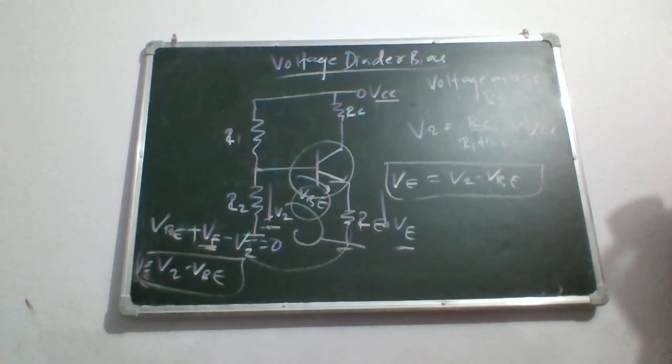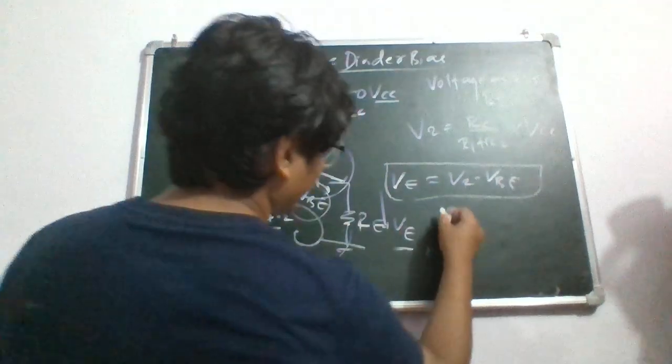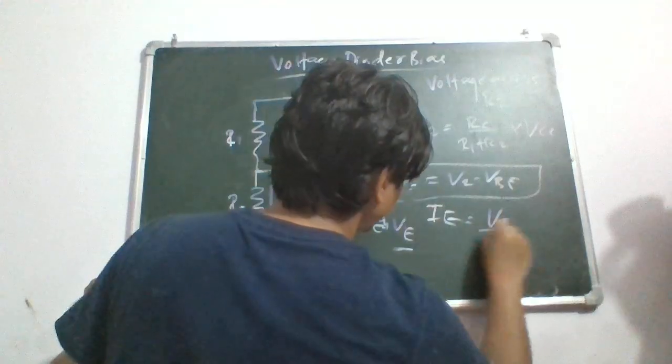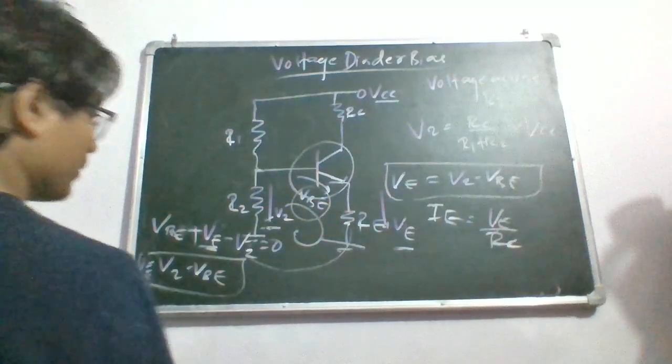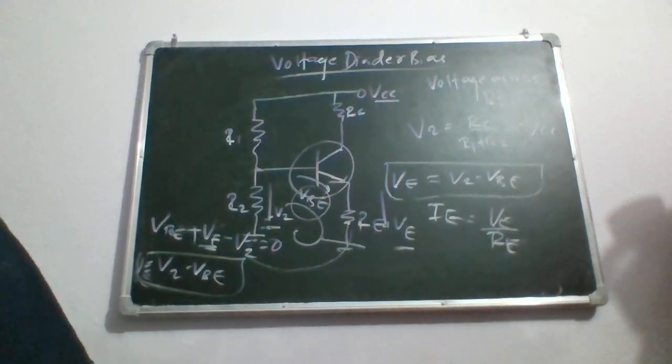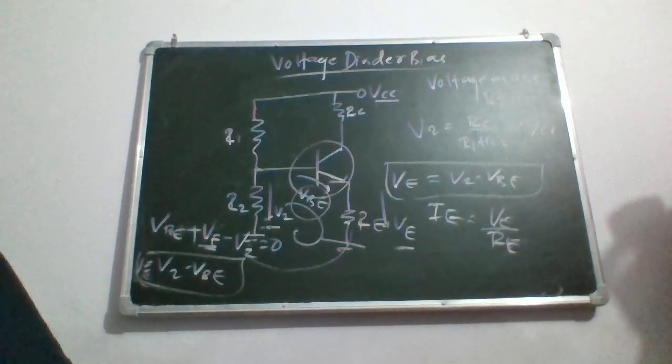Now, if you find out the voltage at the emitter, then you can definitely find out the current across this, which is given by, not RC, but rather RE. So this is what we get for the expression of IE.